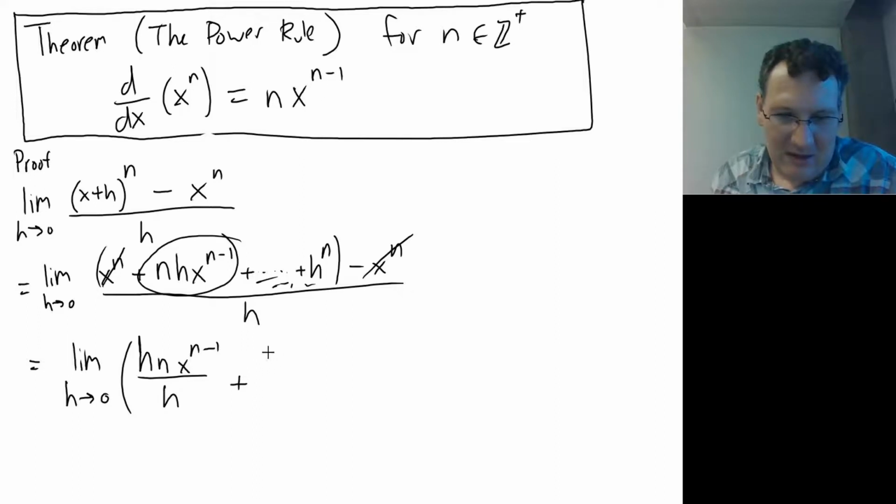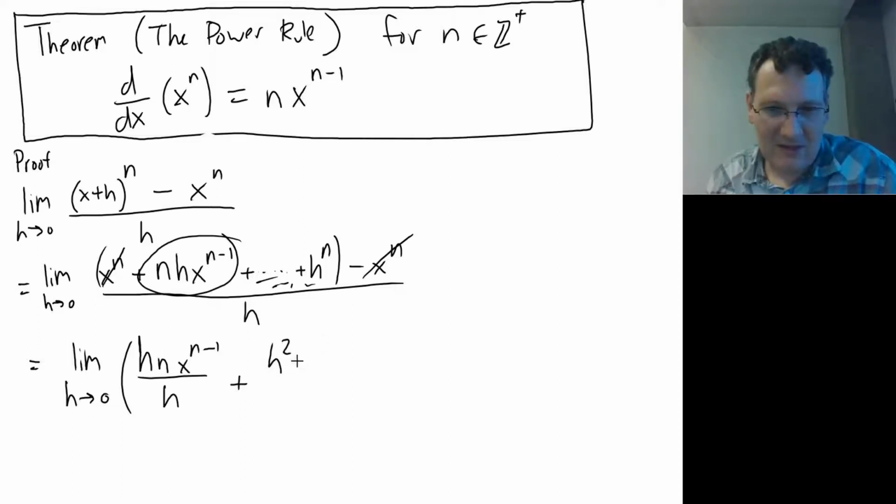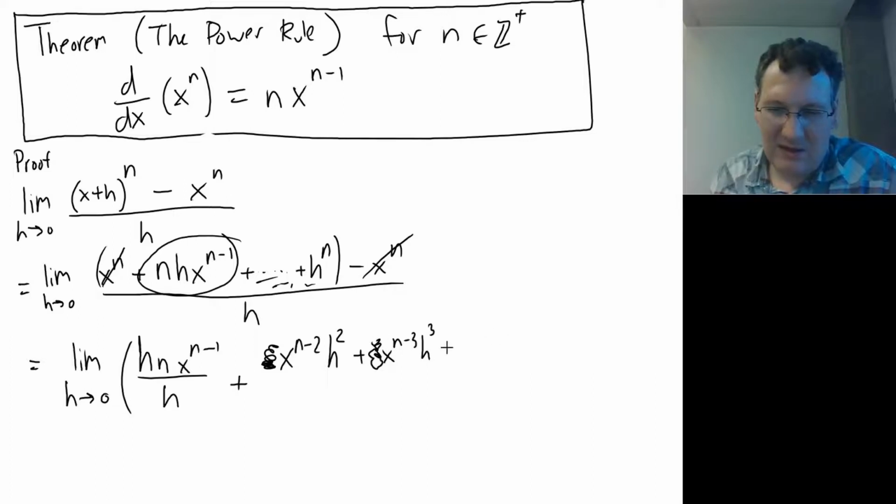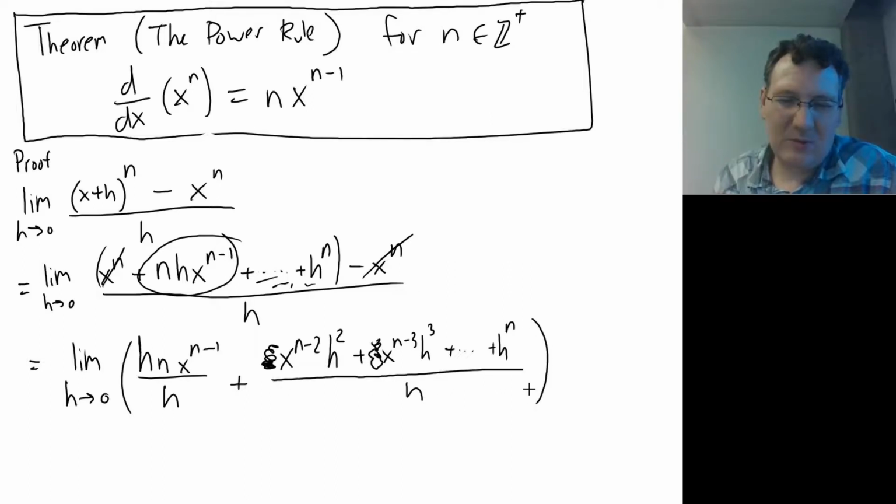This next one is h squared times some stuff. Let me be a little more specific. We have x to the n minus 2 times h squared, and then some coefficient. Then we have x to the n minus 3 and h to the third, and then some coefficient, and then all the way down to h to the power n. All of that over h. This is the point I'm trying to make.